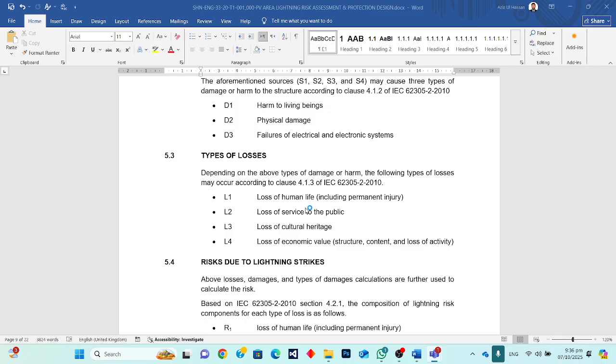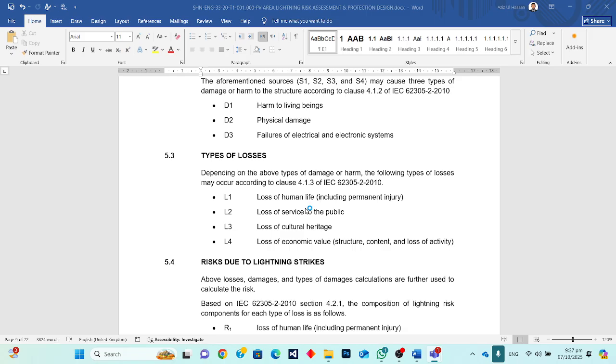If cultural heritage or some no-go area is present in the solar power plant, then we will consider this loss in our calculation. But if it is not present, as per the IEC standard, we don't need this loss.